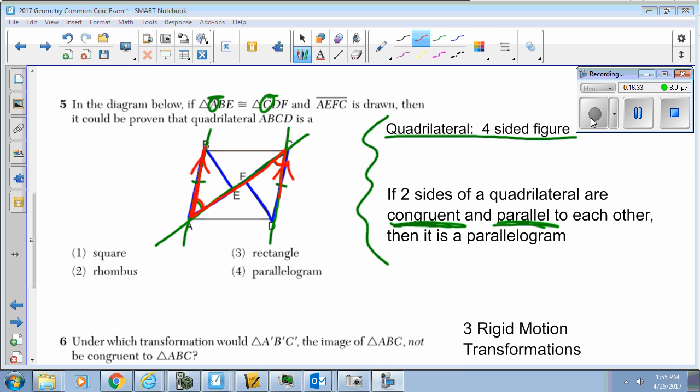Now, one thing about a square and a rhombus, all right? Both a square and rhombus have 4 congruent sides.